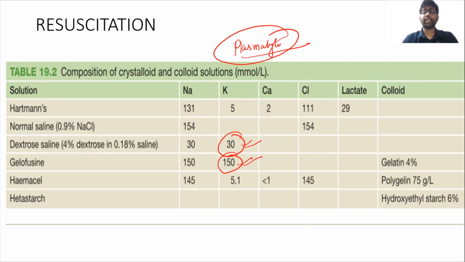So if you get Plasma-Lyte in the options, mark it. If the question is which fluid's composition is very close to the plasma level, then it is Plasma-Lyte. In Hartmann solution, the sodium level is slightly less, so it's slightly hypotonic, whereas in normal saline the sodium is more, so it's slightly hypertonic. So this is very important. Try to remember this. Anything can be asked from here, but it's very simple.